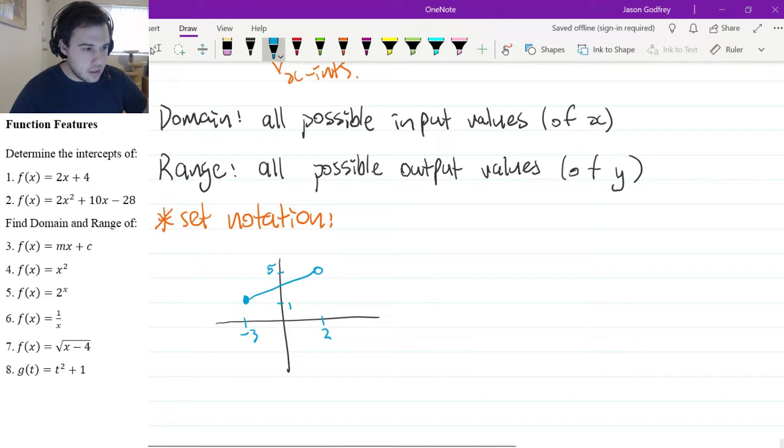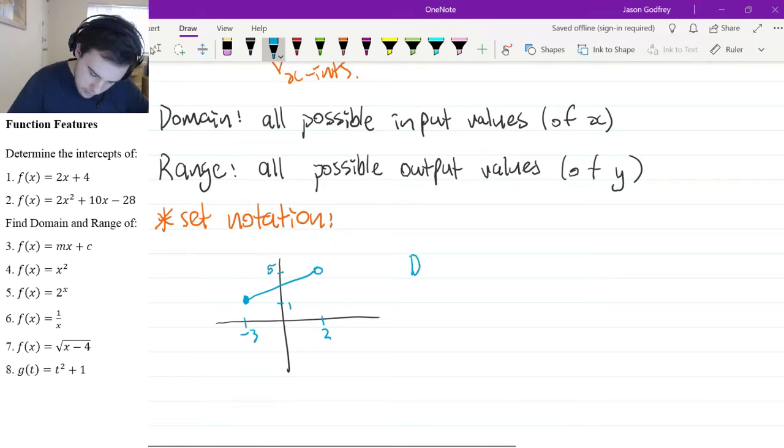So for here, the domain is all the possible input values. So what values can you input into this function and get something on the graph? Well, you can put anywhere from x equals -3, including -3. You can put -2, -1, 0, 1, 1.5, 1.7, all the way up to 2, but not including 2.